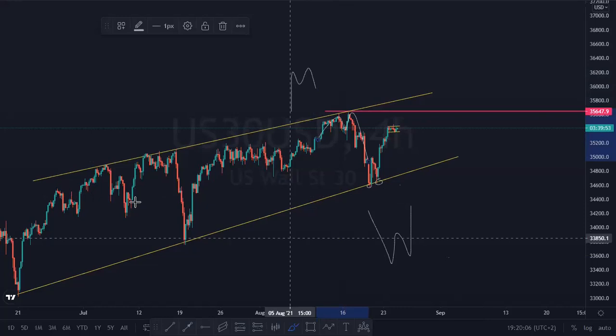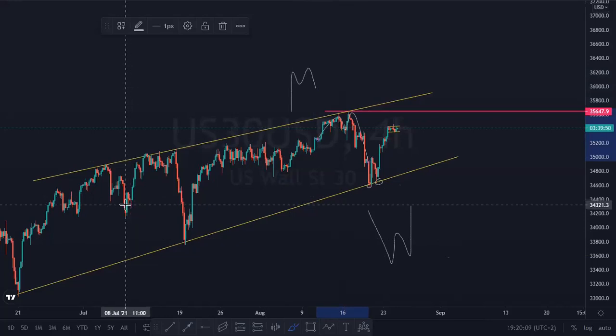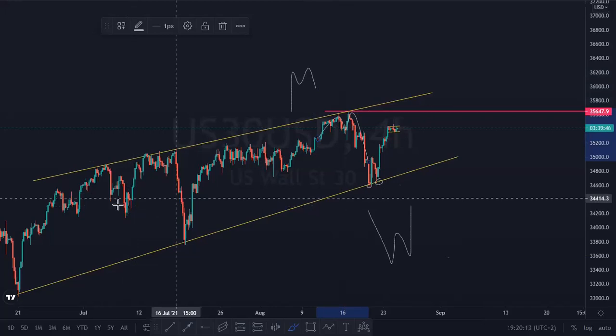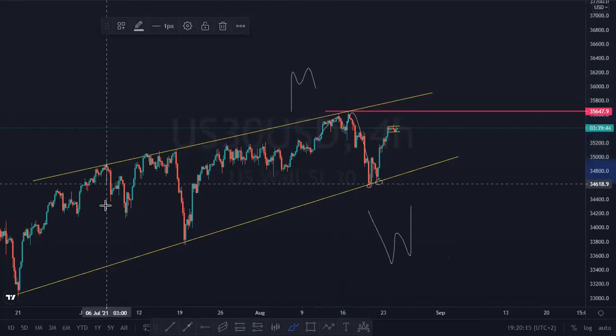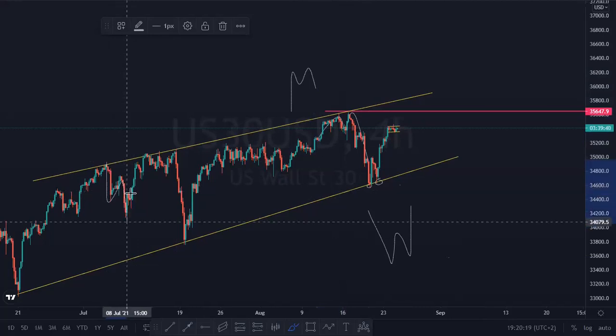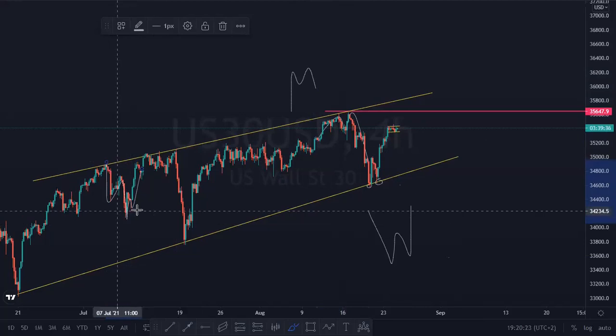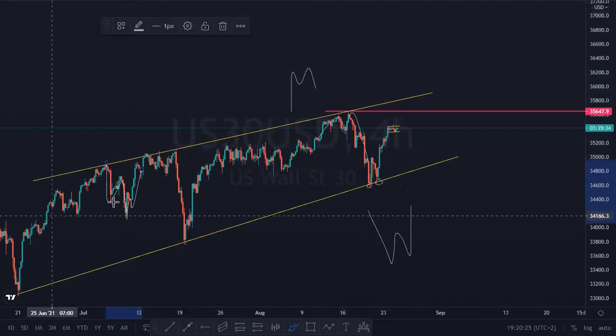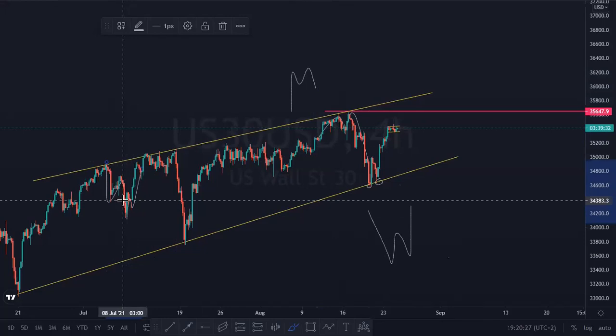Here I see something like a head and shoulder. Although it's not a perfect head and shoulder, I can see first shoulder, head, and another shoulder. If you go to a smaller time frame, maybe it is an inverted head and shoulder, a reversal, which is a bullish head and shoulder.